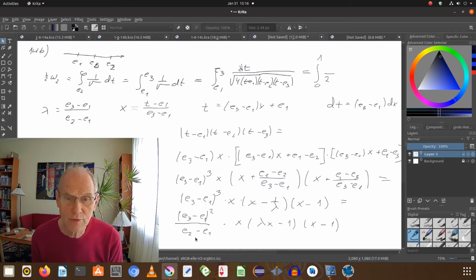So it's 1 divided by the square root of e2 minus e1, and this is in the denominator, so this comes in the numerator.